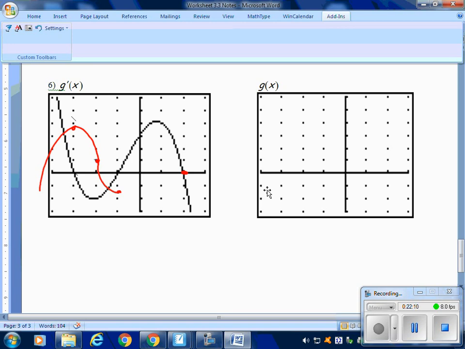Mm-hmm. And if you kind of look, this graph is kind of somewhat symmetrical in terms of some things, but it went down less than it went up. So I don't know that that means these two maxes should be at the same place. Usually it'll be real symmetrical if they're supposed to be.